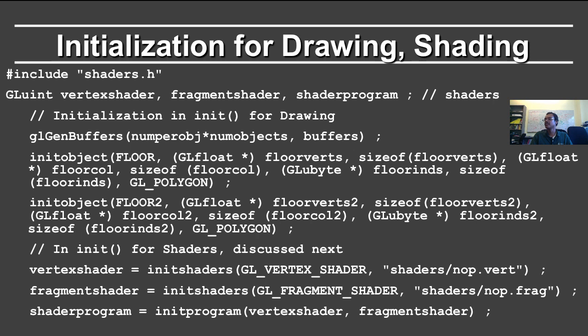I initialize the objects for floor and floor 2, and then I call the vertex shader, the fragment shader, and the shader program. We'll be talking more about the different steps in setting up an OpenGL shader later, but for now this init shaders just returns a number for the vertex and fragment shader, and the shader program essentially links them together. So it takes the vertex and fragment shader and makes a shader program.